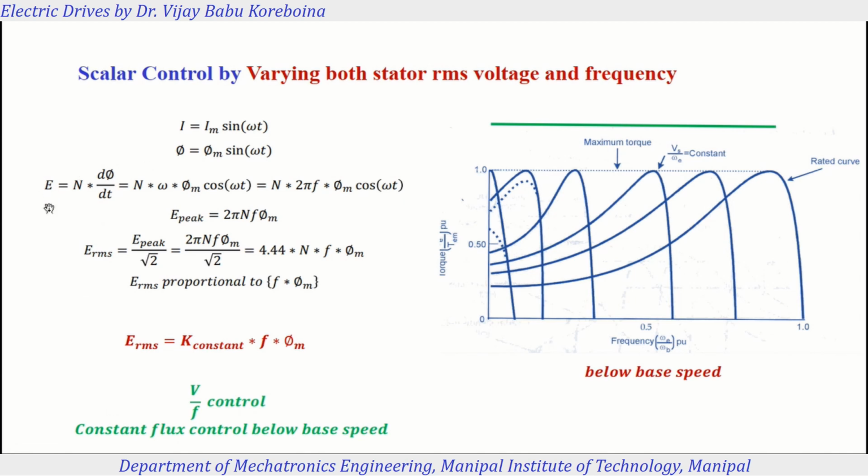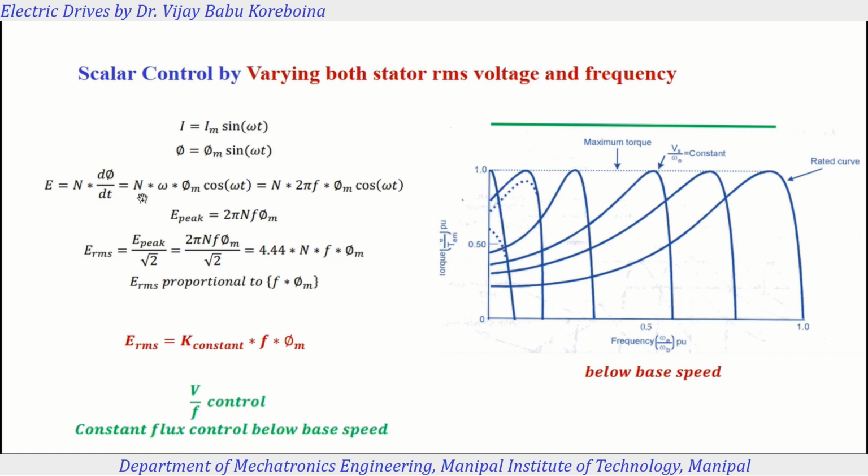So let's understand the induced voltage in any coil is N times d phi by dt, the rate of change of flux. This is the basic Faraday's law, right? The induced voltage in any coil is directly proportional to the rate at which the flux is cut, d phi by dt.